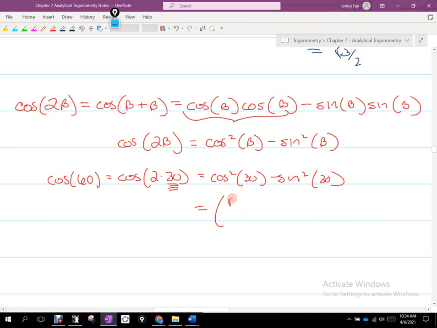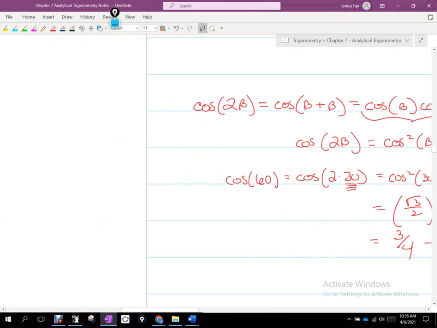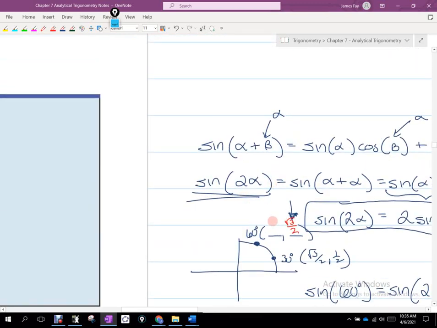Radical 3/2. We'll square that, right? What's the sine of 30? 1/2. We'll square that. What's radical 3/2 squared? 3/4. What's 1/2 squared? 1/4. What's 3/4 minus 1/4? So we go back up to my unit circle. Is the cosine of 60 supposed to be 1/2, like that formula says it is?